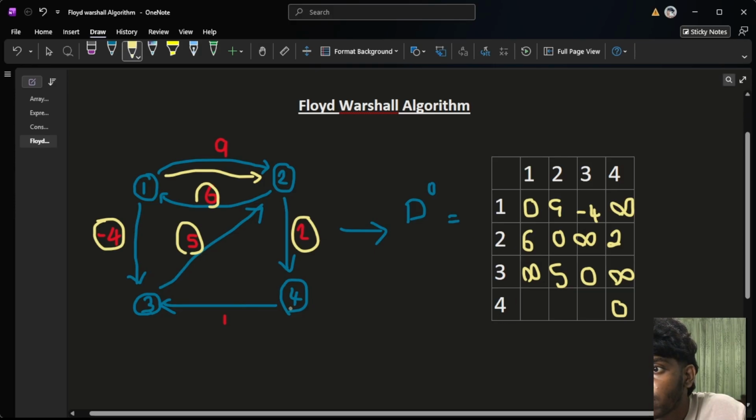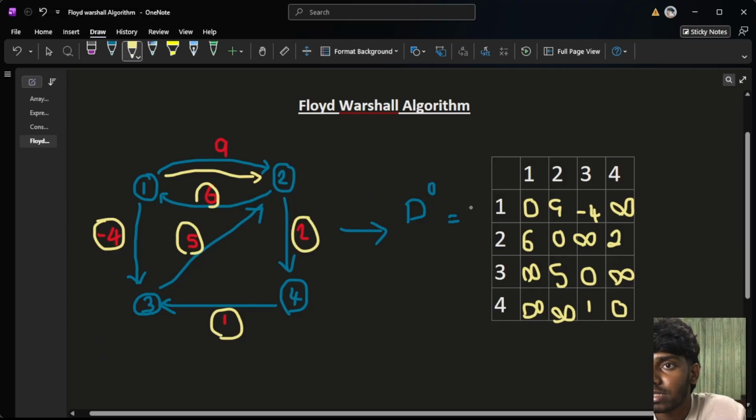So 4 to 1, there's no direct edge, therefore we are going to mark it as infinity. And 4 to 2, there's no direct edge, therefore we are going to mark it as infinity. And then 4 to 3 is 1.